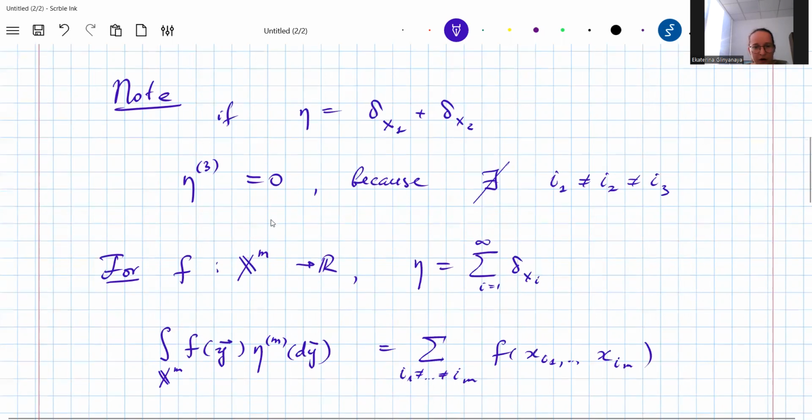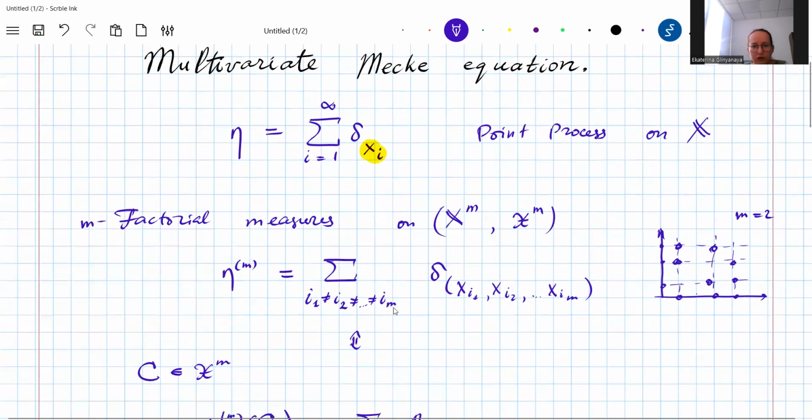And here we defined these factorial measures just for point processes of this form, but we can easily generalize this definition, since we can write down a recursive formula for the power m and so on.